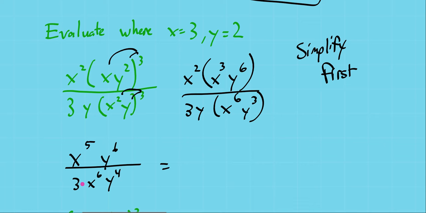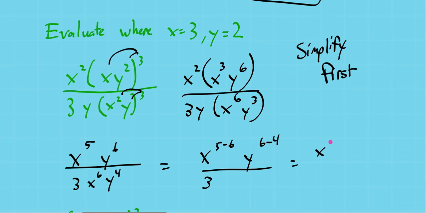Last thing I need to do is clear up top and bottom. With the x's, I've got 5 on the top and 6 on the bottom. For the y's, I've got 6 on the top and 4 on the bottom. When they're top and bottom, when they're dividing, we subtract our exponents. And we've got that 3 down there on the bottom.